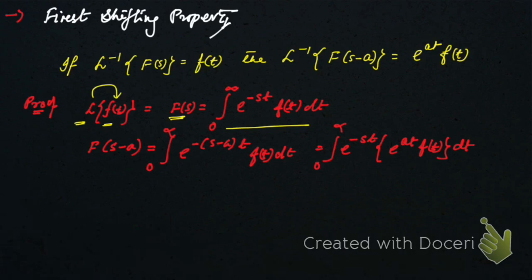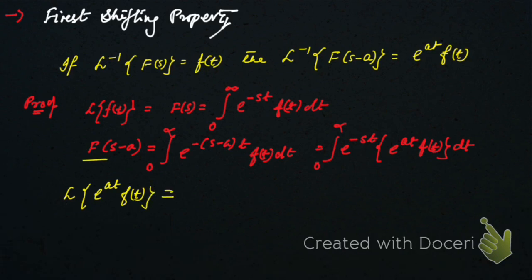So here our f(t) is this part. Now compare this f(t) with this part. Then we can write the Laplace transformation of e to the power at f(t) is equal to F(s minus a).